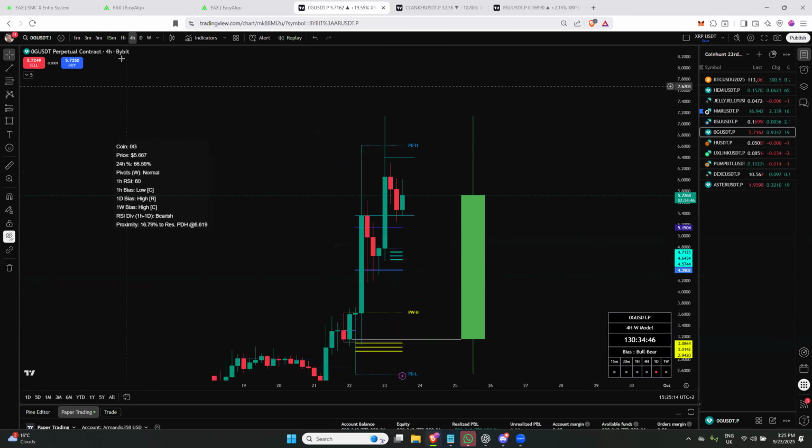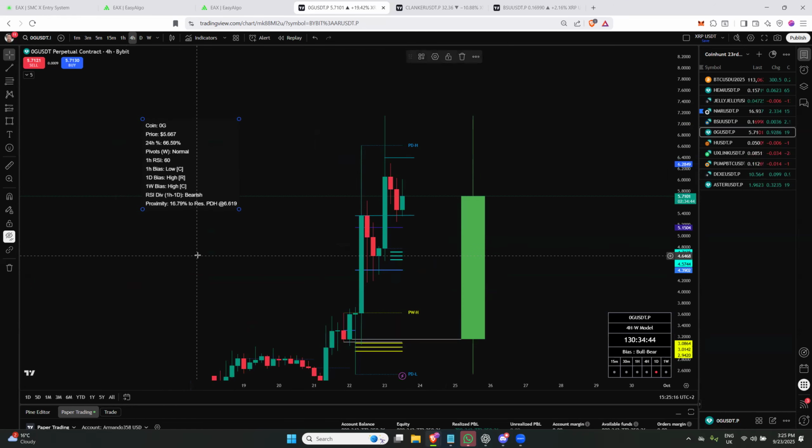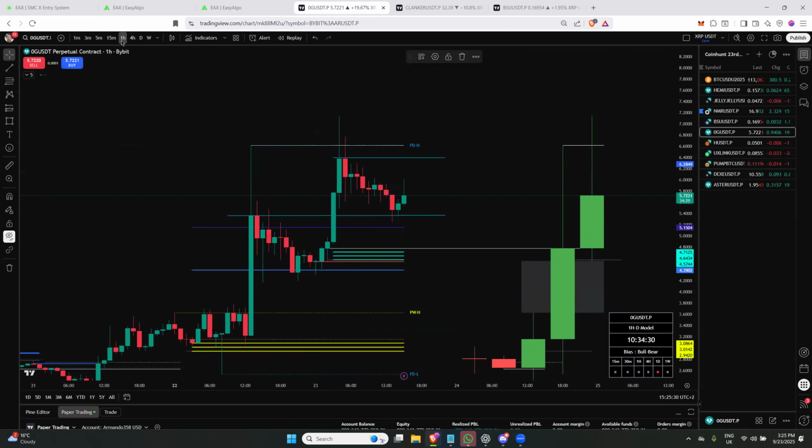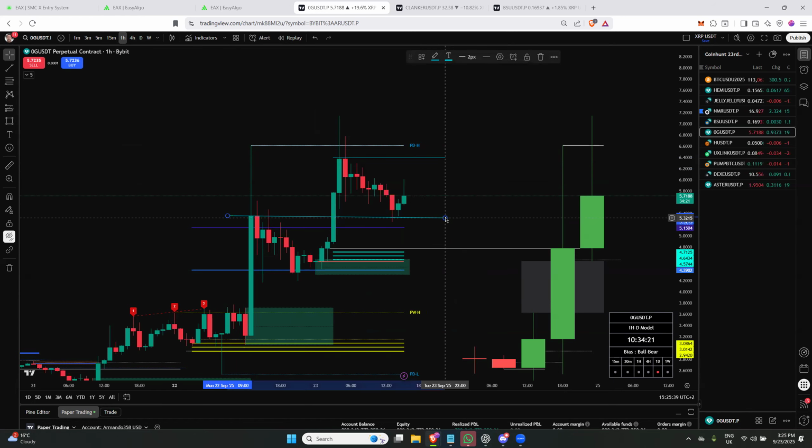Let me see why I put it here. So it was showing bearish divergence on a high time frame. RSI is 60, so it's obviously an indication that price has already started to move down. It actually didn't break the 1 hour opposing candle level. So you've got your upper opposing candle level, your downside opposing candle level.